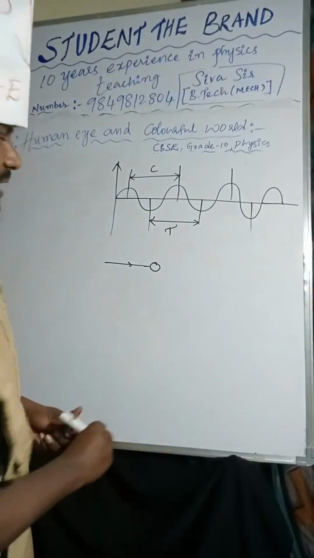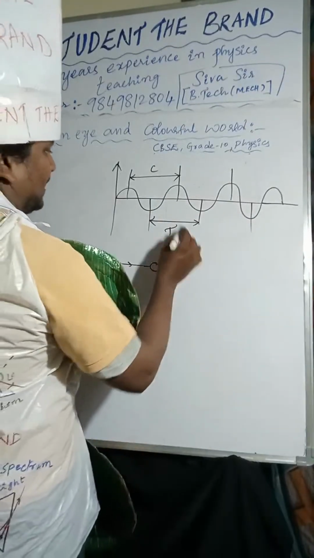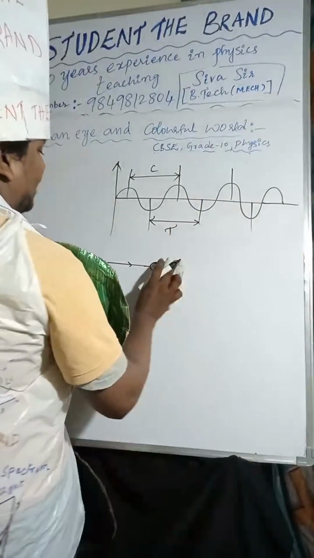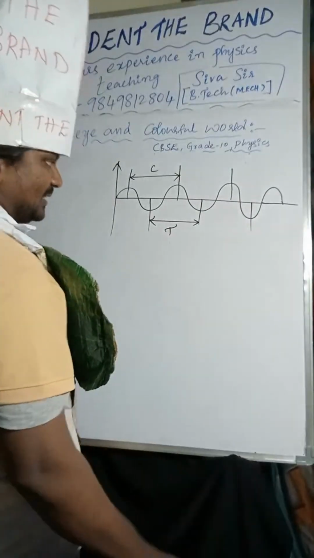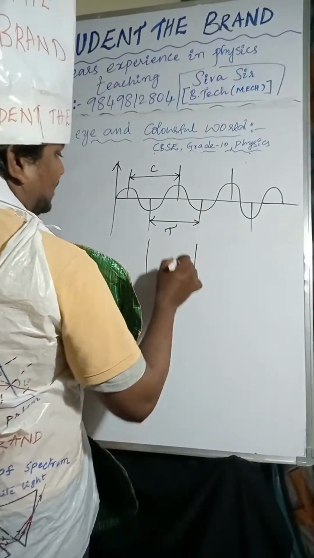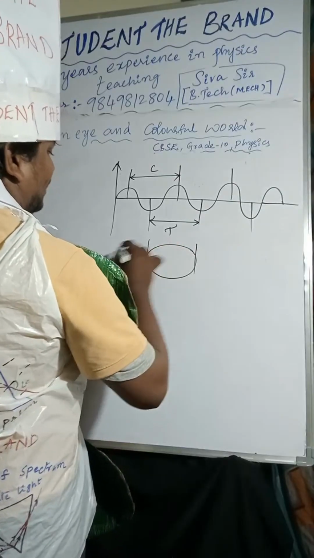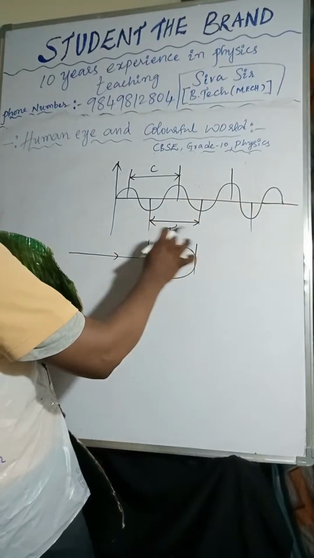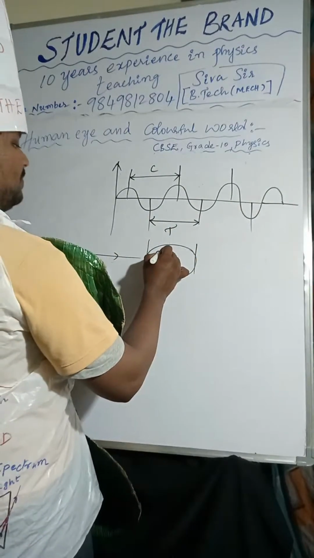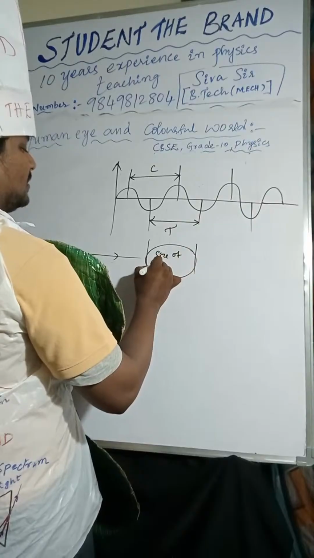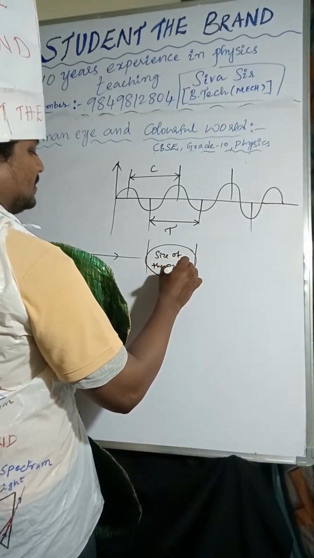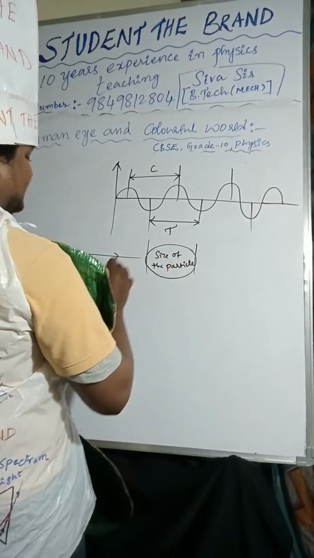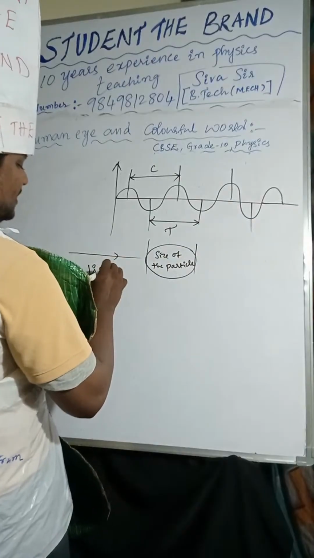So here you can see the size of the particle is comparable to the wavelength of the light. Once again, if the light ray is like this, this wavelength is comparable to the size of the particle, and this is a light ray which is incident on it.